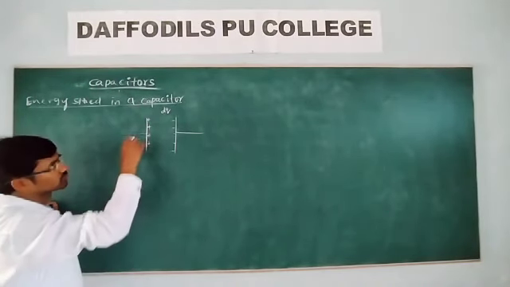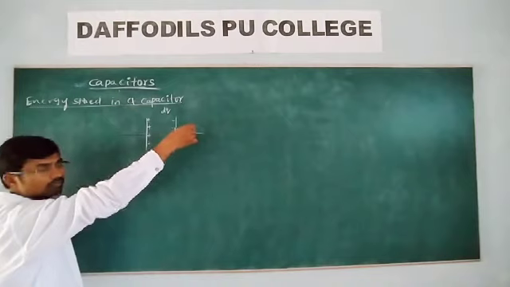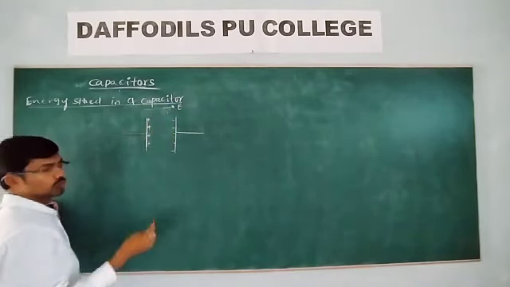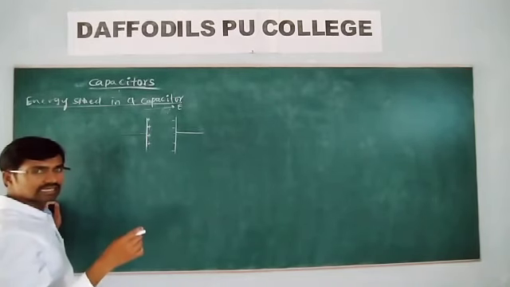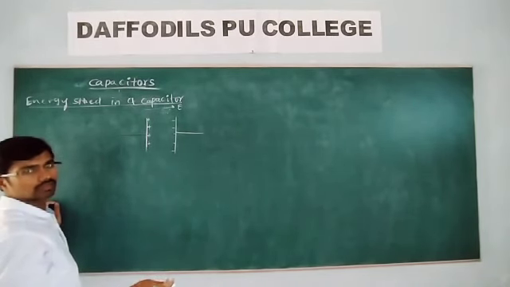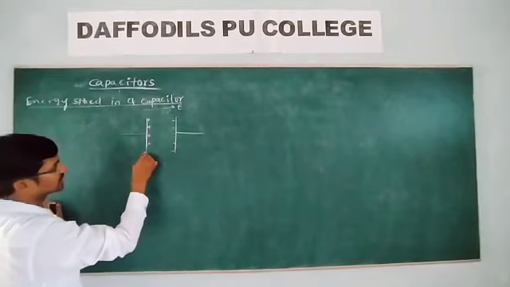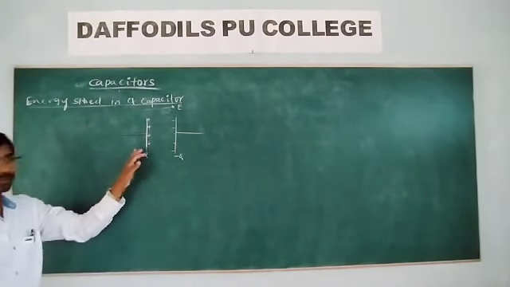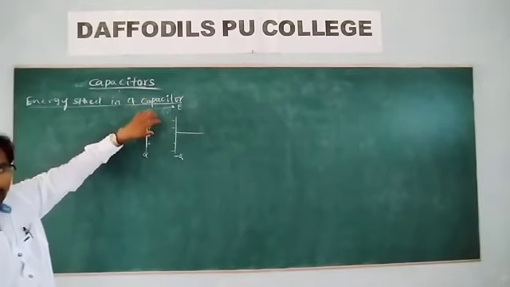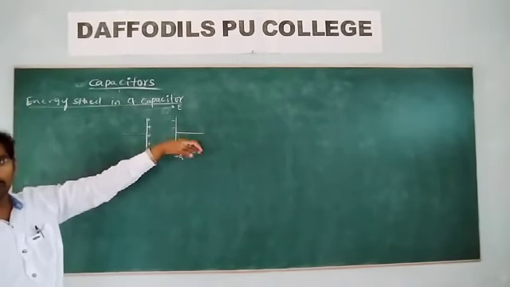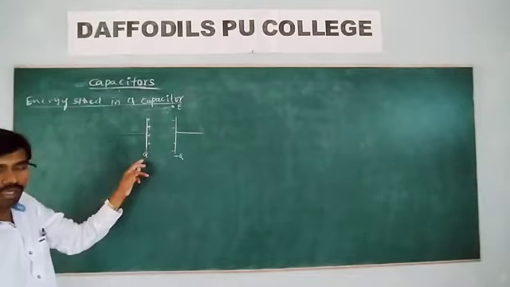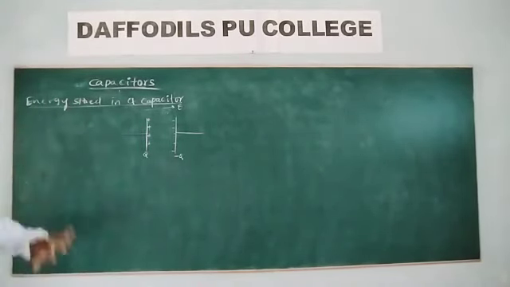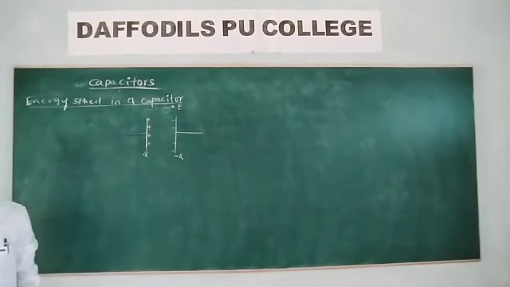Now, to transfer the charge against that electric field, we need to do work. As time increases, the charge across the plates of the capacitor increases. To transfer this charge q across the plates, the work done will be stored as energy in the capacitor.